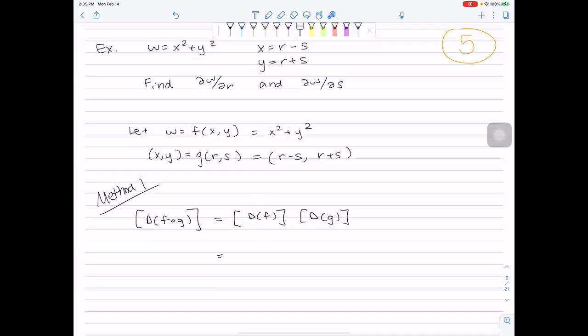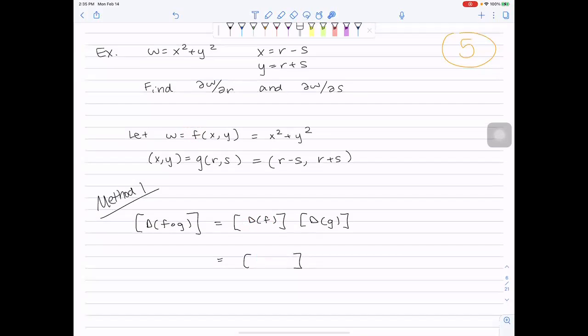Yes, 1 by 2. And our elements should be, well, f, right now we're defining it as w. So this is our output, and our inputs are x and y. So we do the partial of w with respect to x and the partial of w with respect to y.